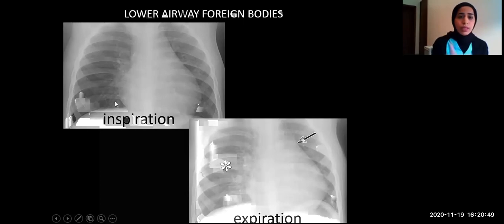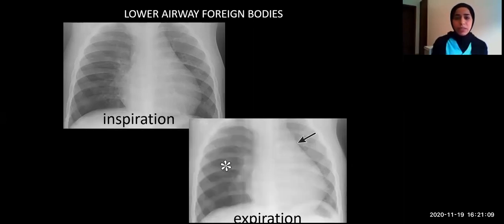This should give you a suspicion of air trapping in this area. So to further confirm your suspicion, you should ask for an expiratory film. This is a normal full inspiration film, which is usually requested by the radiological team. They will ask you to inspire and take a full inspiration X-ray, but you may ask for an expiratory film to confirm your suspicion of air trapping related to ingestion or blockage of the airway.